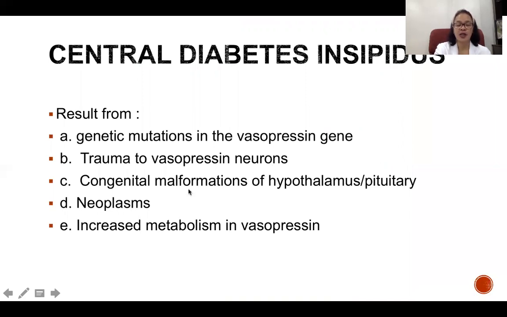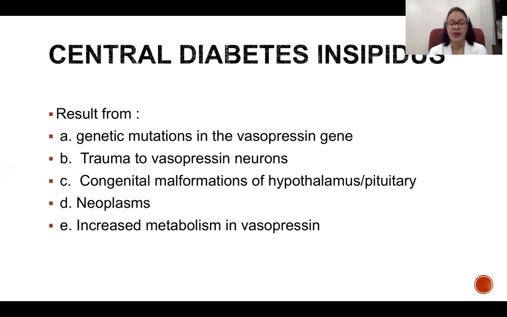Okay, and it could be trauma in that area, or presence of congenital malformations in the hypothalamus and pituitary, presence of neoplasms, increased metabolism. So it is related to the vasopressin, due to lack, no, of the hormone vasopressin, or your antidiuretic hormone. So this can be due to injury, no, to the hypothalamus, or even the pituitary gland.